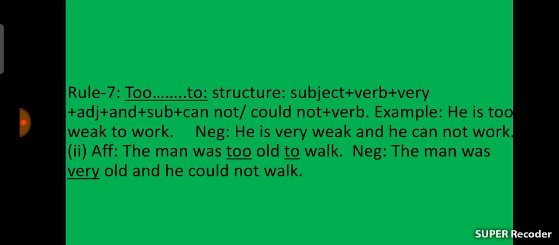Here we use could not because this sentence is in past tense. But the first example was in the present tense, so we used cannot. But in the second example, we should use could not because this sentence is in past tense. Okay, dear students, I hope you have understood the sentences. Let's move on to the next rule.